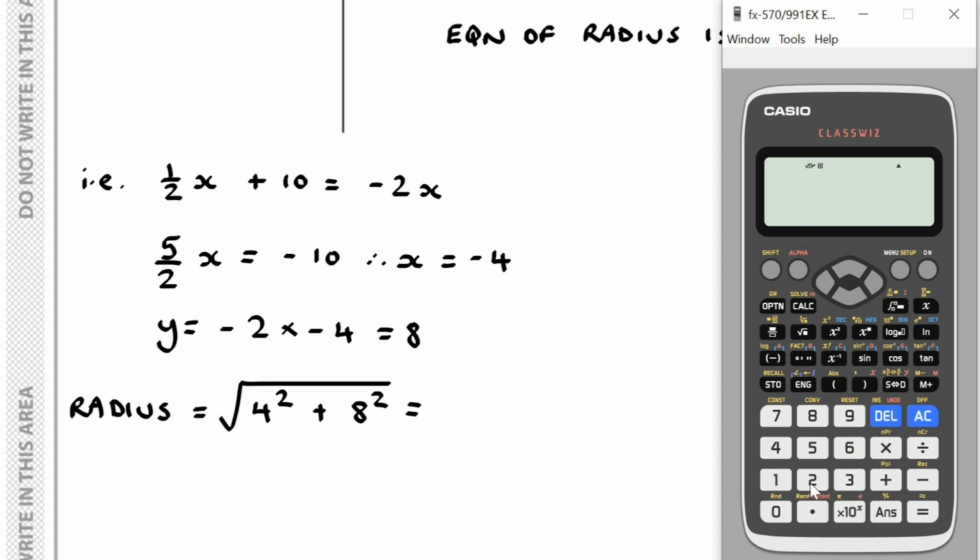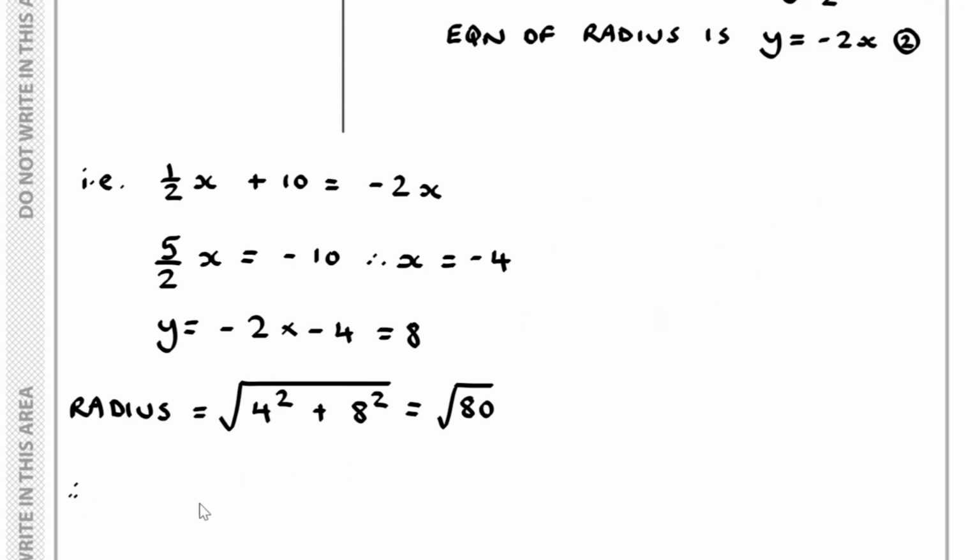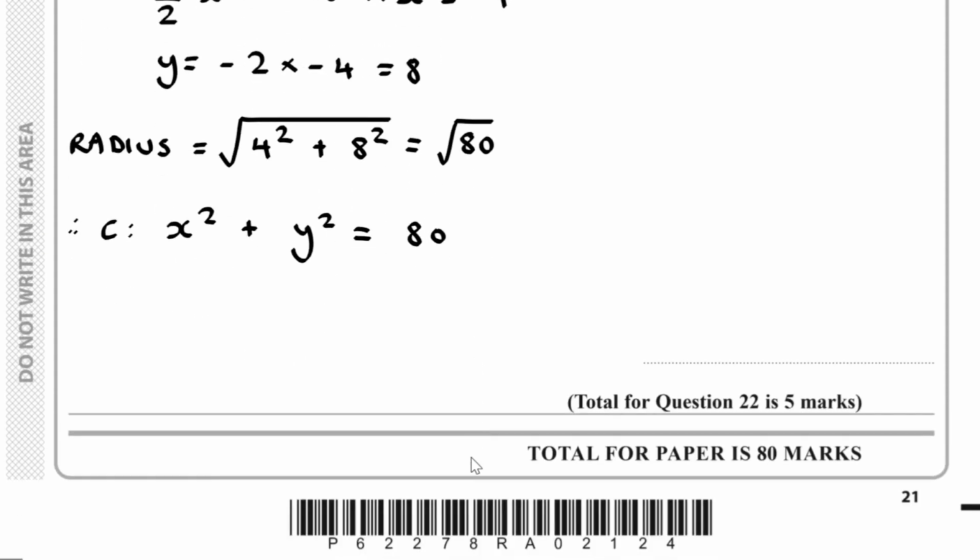And if I work out what this is, 16 plus 64 is 80. So the radius is equal to the square root of 80. And therefore, C has equation x squared plus y squared equals 80, which is root 80 squared. So this is the equation of the circle.